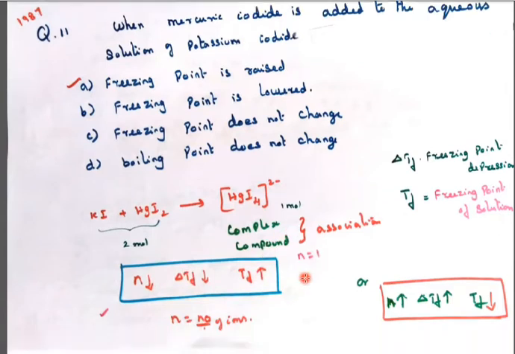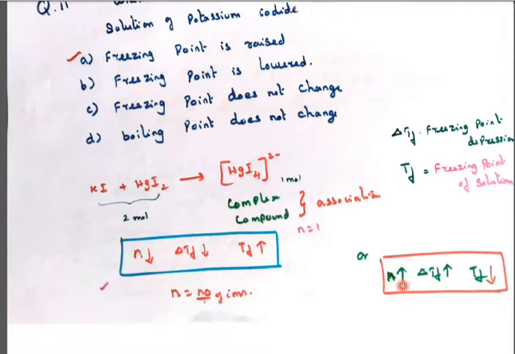Here the number of moles is only 1. Just the opposite: if the number of moles increases, freezing point depression increases, and freezing point of solution decreases.